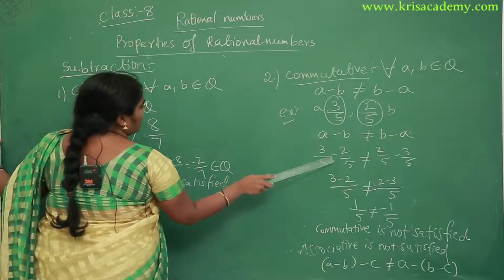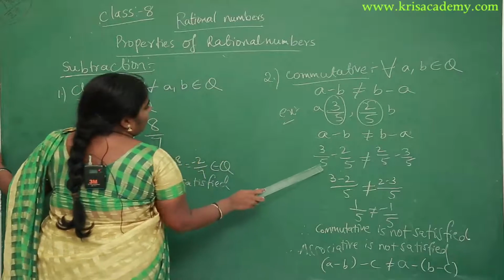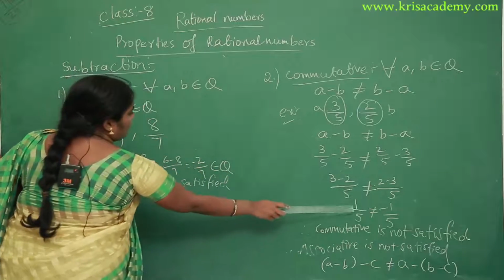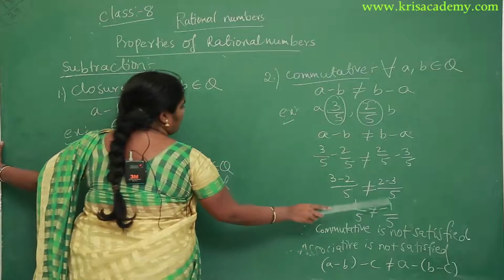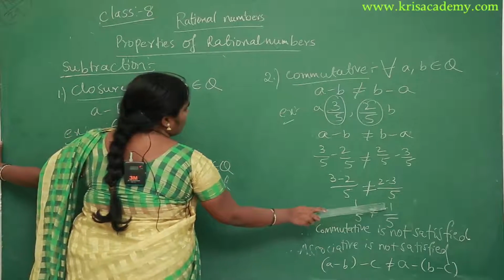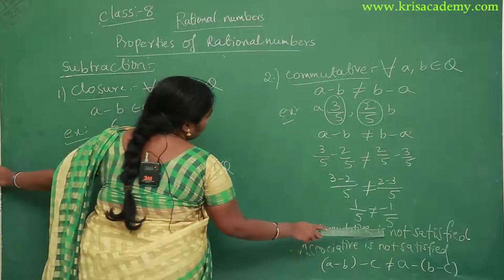Substitute: 3 by 5 minus 2 by 5, and 2 by 5 minus 3 by 5. Since denominators are the same, 3 minus 2 is 1, whereas 2 minus 3 is minus 1. So plus 1 by 5 is not equal to minus 1 by 5. So the commutative property is not satisfied.